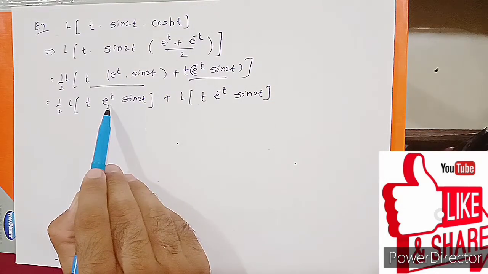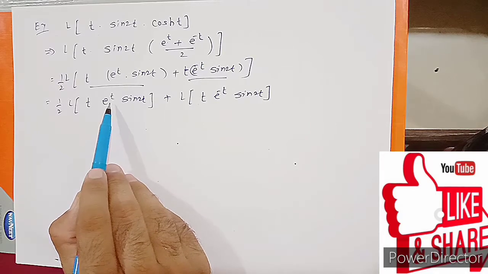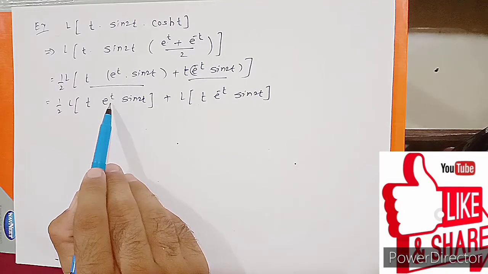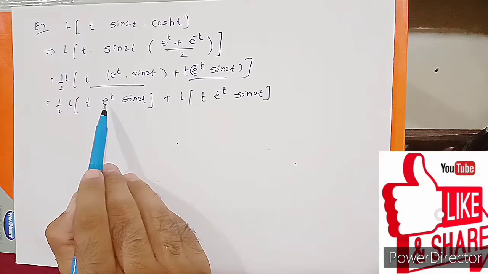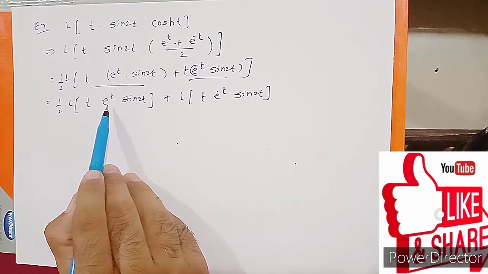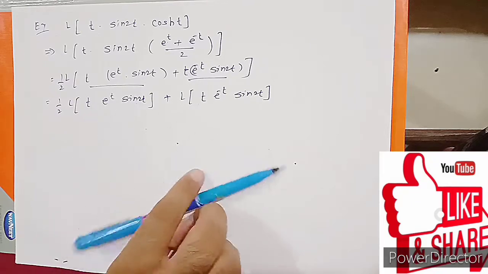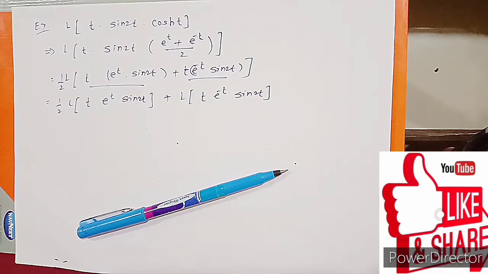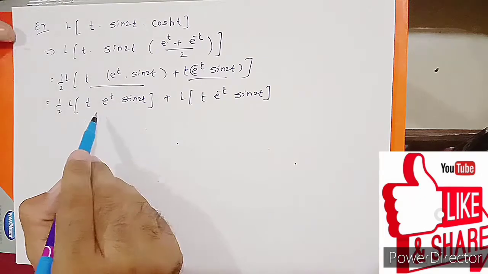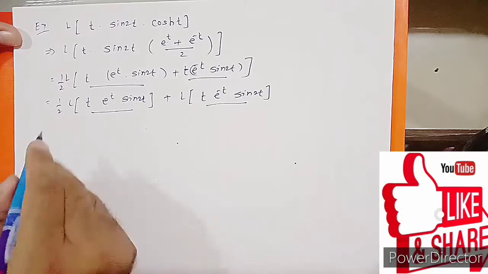And e raised to t, you think it may be first shifting, right? Because when f of t is multiplied with e raised to, it should be first shifting. And again there is a t, that means it is a multiplication of t. That means this numerical is a combination of two types, that is multiplication of t as well as first shifting. In both the terms there is a multiplication of t and first shifting, right?